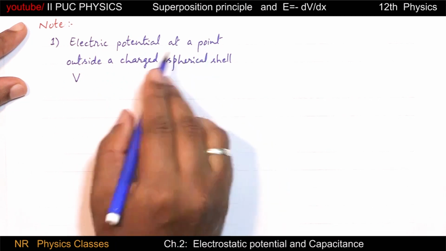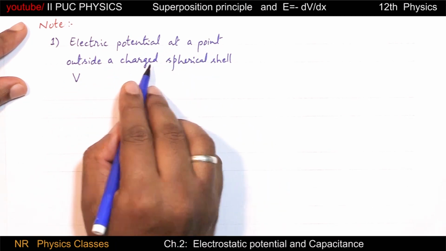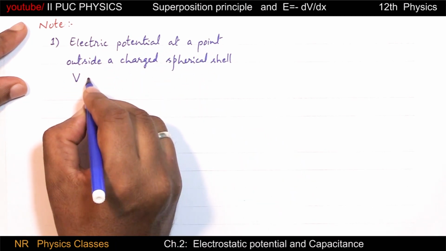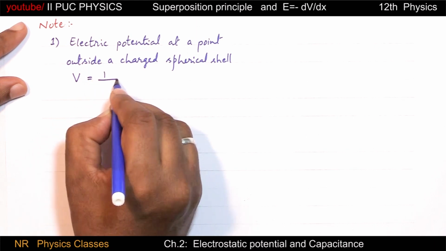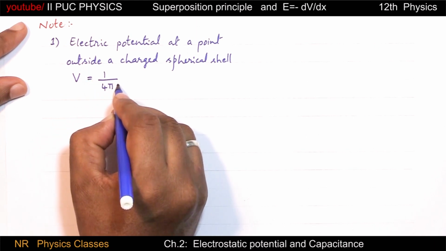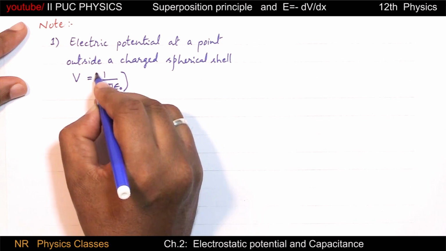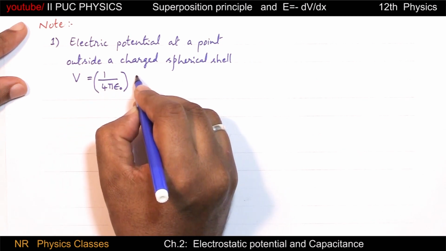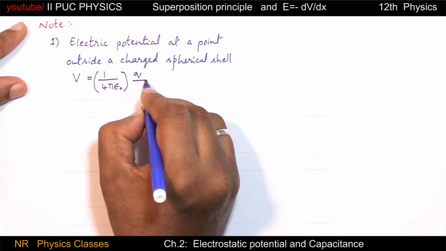Electric potential at a point outside a charged spherical shell, V equals 1 by 4 pi epsilon naught, the constant in electrostatics, into Q by the distance from the center.